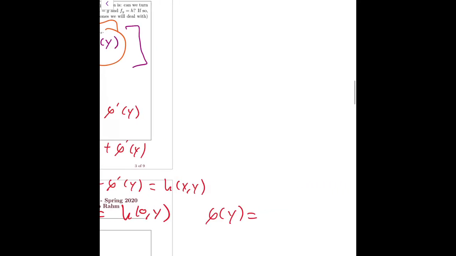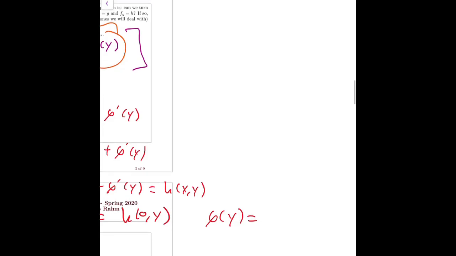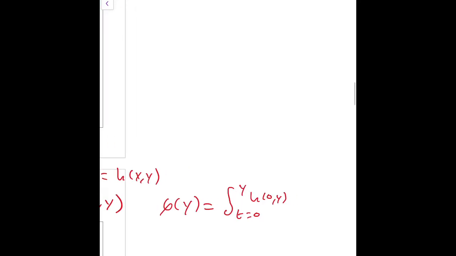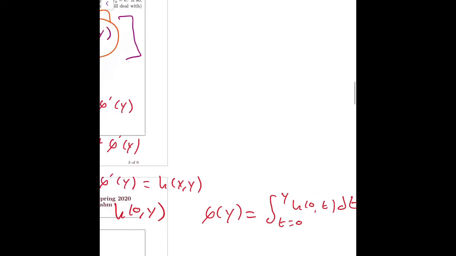This tells us that phi of y is pretty much the antiderivative of h. So phi of y is going to be equal to the integral from t equals 0 to y of h of 0, t dt.